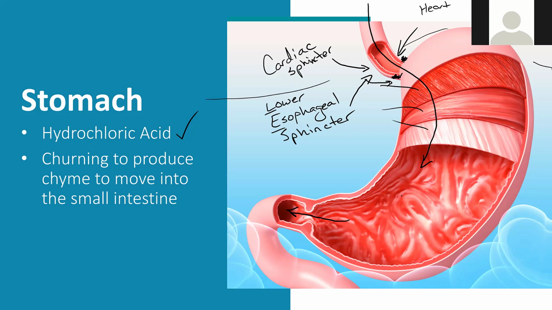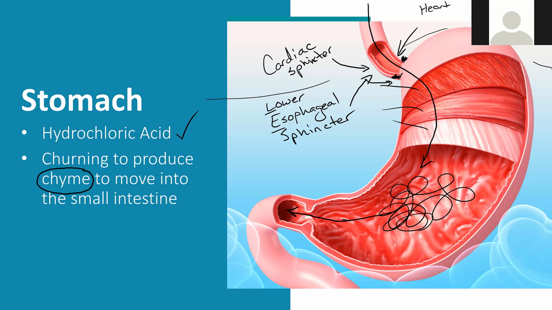And then, like we said, food and everything is churning around inside the stomach, inside all that hydrochloric acid, as it gets broken down into smaller and smaller stuff. And then it moves into the small intestine, and we call that food component chyme, C-H-Y-M-E.